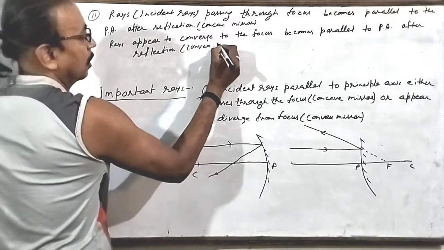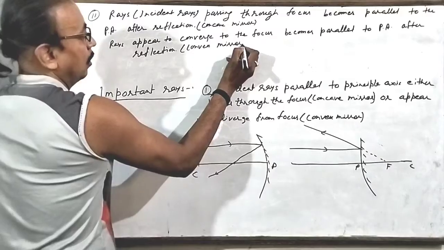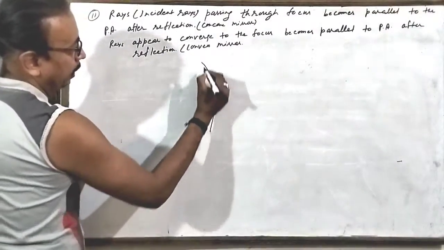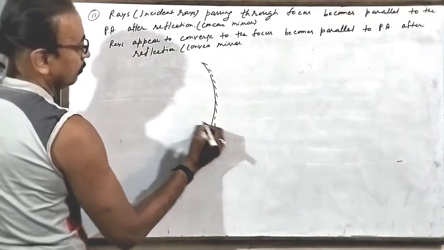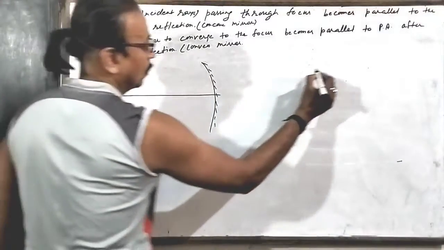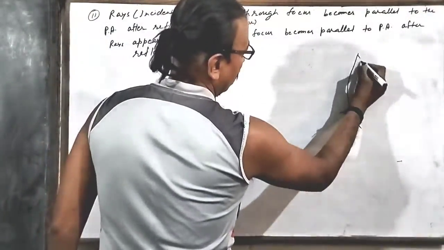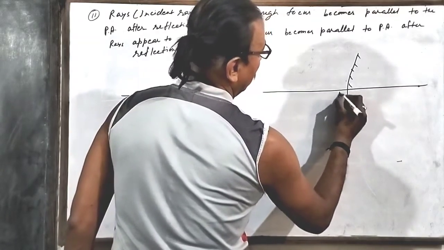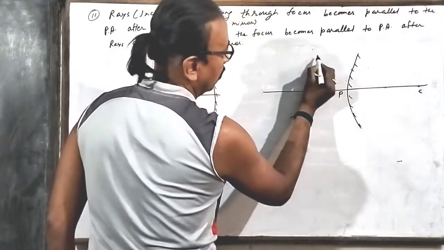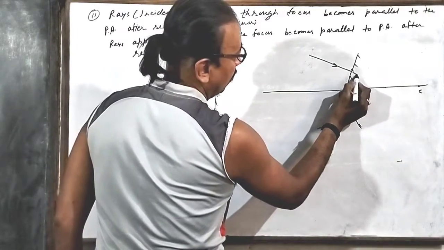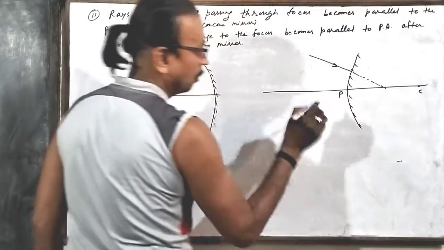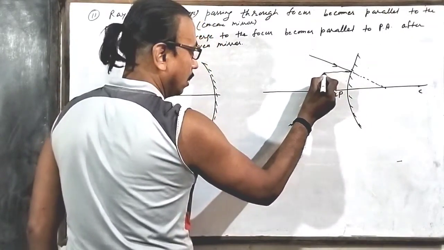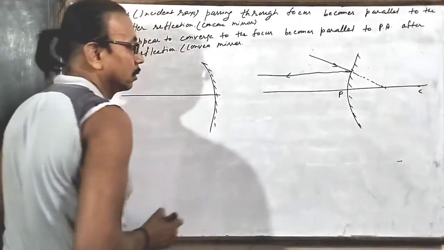If the incident ray is directed towards the focus, after reflection it will be parallel to the principal axis.